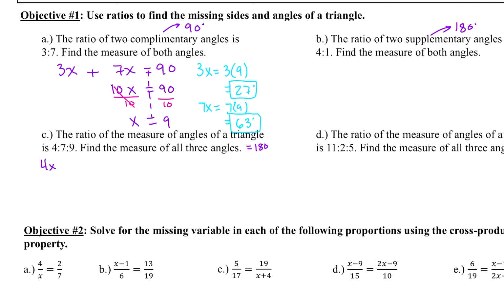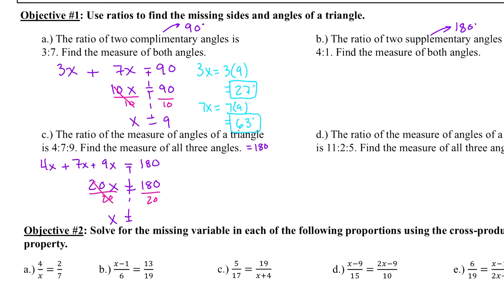So I know that this is going to be 4x plus 7x plus 9x equals the total 180 degrees of a triangle. So 4x plus 7x is 11, plus 9 is 20x. So if I add all those x's together, I get 20x equals 180. Divide by 20 on both sides.